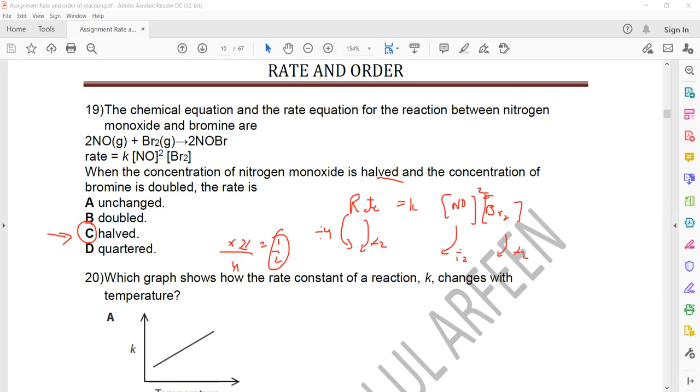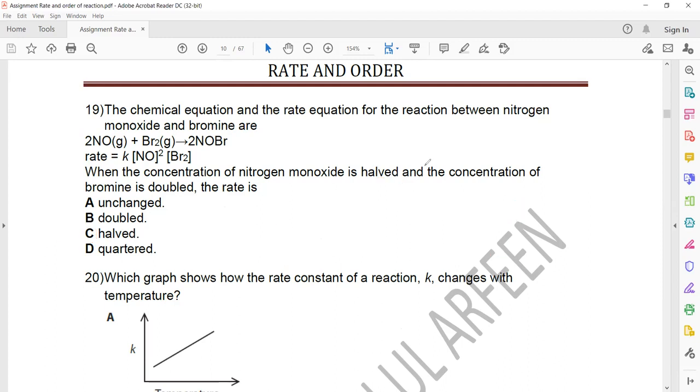Question 19. How do you multiply or divide here? According to the equation, rate is equal to k times the concentration of nitrogen monoxide raised to power 2 and the concentration of bromine raised to power 1. They mentioned we halve the nitrogen monoxide concentration. It is second order, so if concentration is doubled, rate will increase by 4. If concentration is tripled, rate will increase by 9.